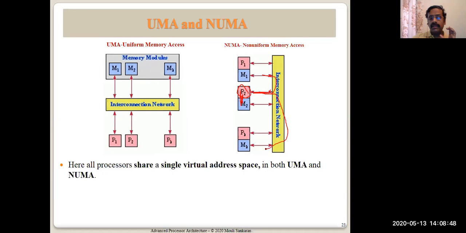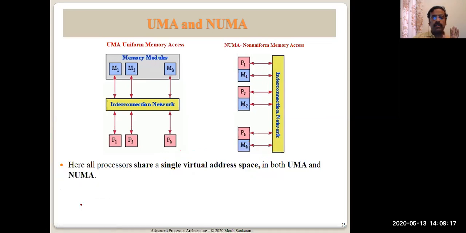Similarly, this interface is provided for allowing this processor to access it, and similarly for this processor. So these interfaces are required for that purpose. They all fall under a single address space. That means any location here will be unique, and there won't be a location 100 in multiple places. It will be in one place.